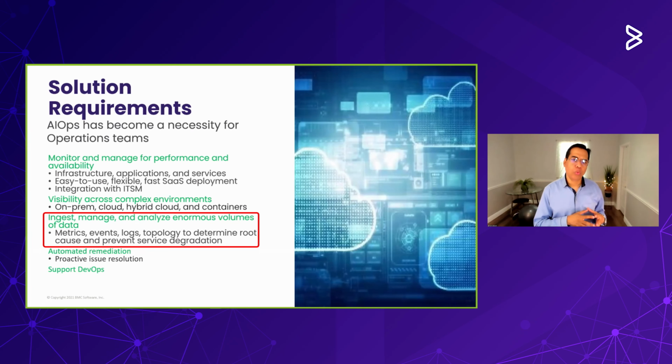So, what are the requirements for the solution then? In the light of this complexity, digital transformation is today's new norm. You have heard about digital transformation, you have heard about digital disruption, so this is definitely a new norm.